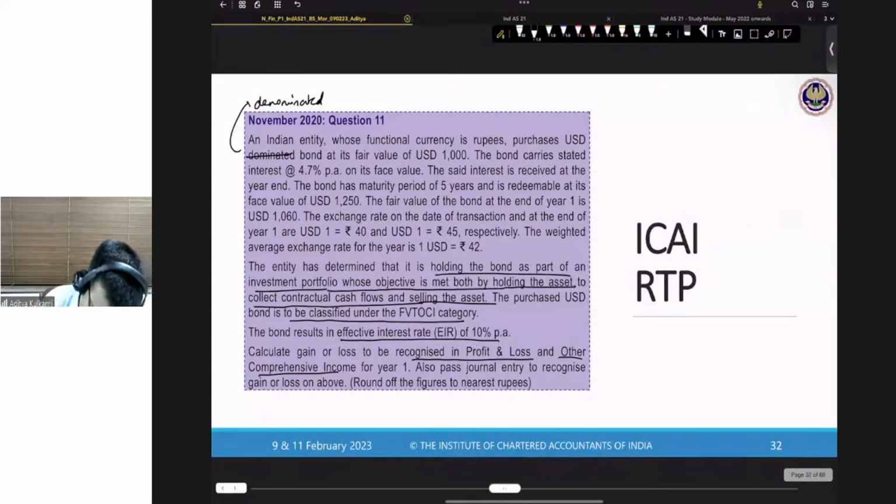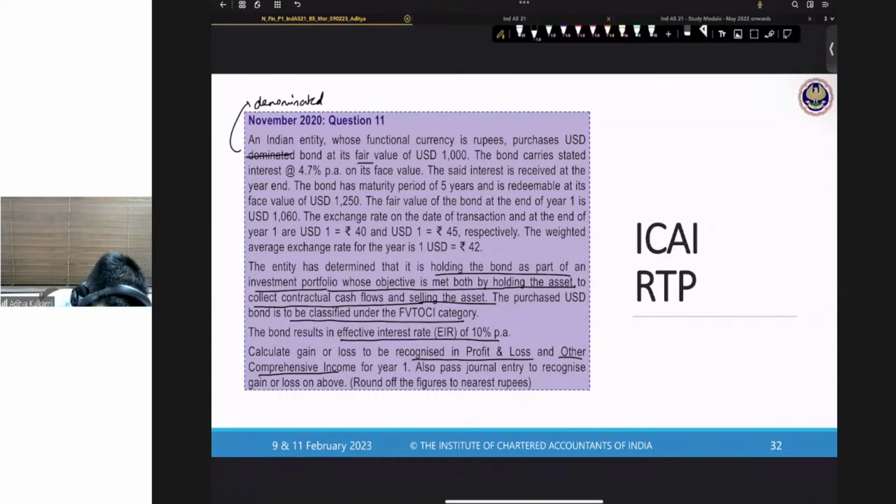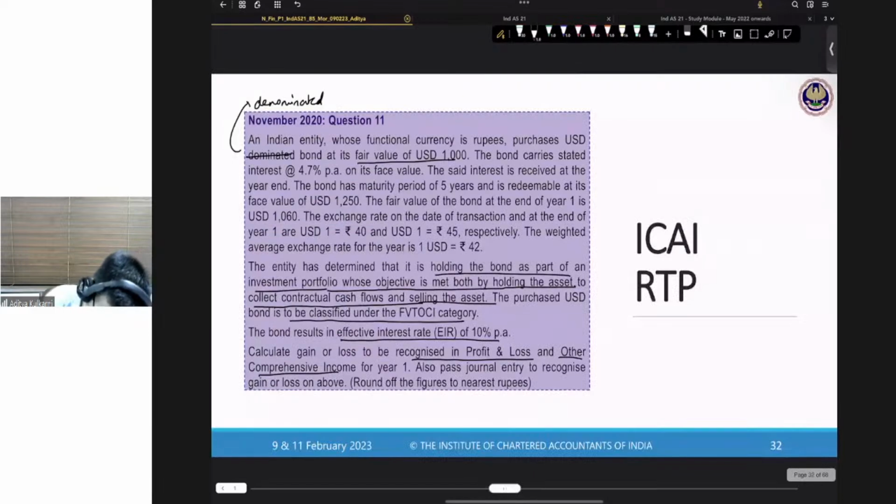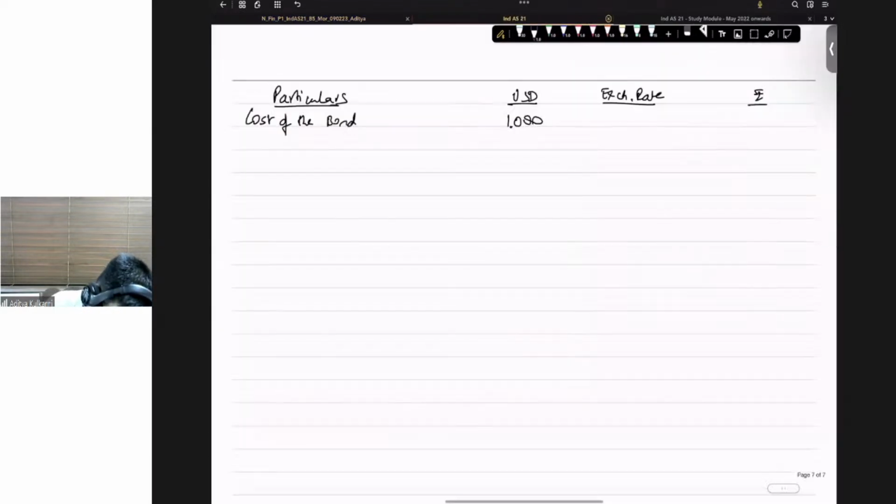First thing is I have invested in the bond at a fair value of USD 1000. So cost of the bond is USD 1000. When you have invested, the date of transaction rate was 40. So 1000 into 40 is 40,000.